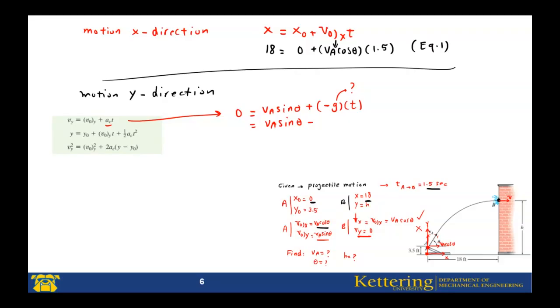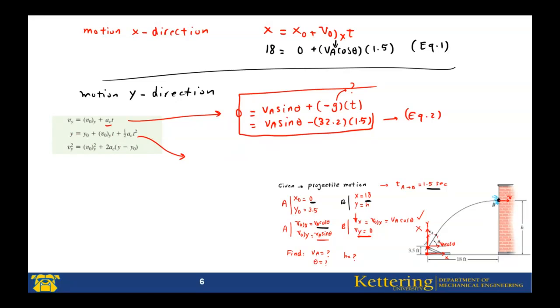Now, using this minus 32.2 and t is 1.5. This is equation number 2. Now I need one more. I select this equation.